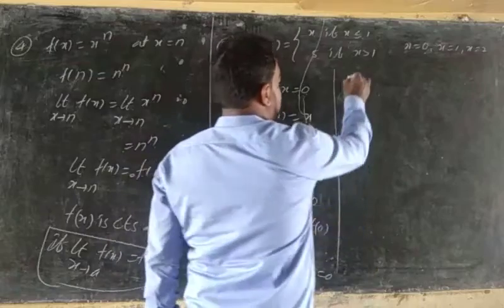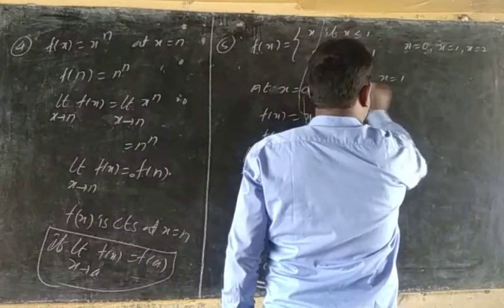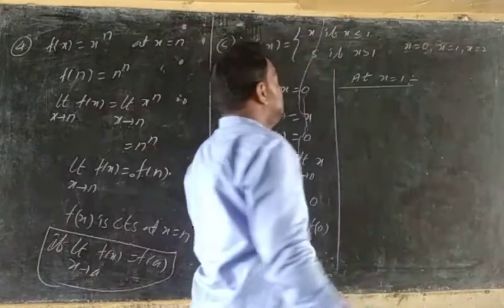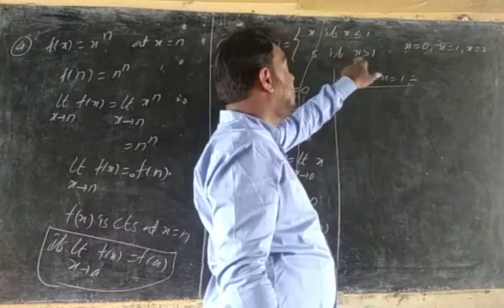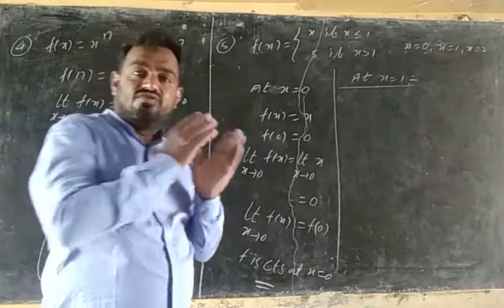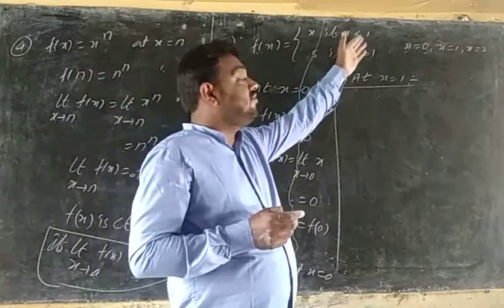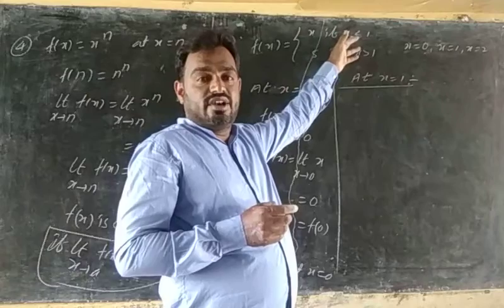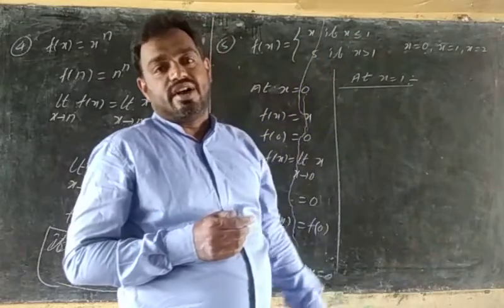Next, at x = 1. For x less than or equal to 1, f(x) is x. For x greater than 1, f(x) is 5. So we need to find the left hand limit and right hand limit here, because the function is defined on the left neighborhood of 1 and the right neighborhood of 1.